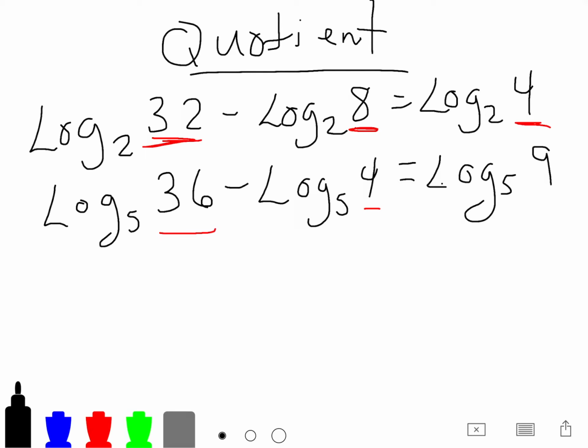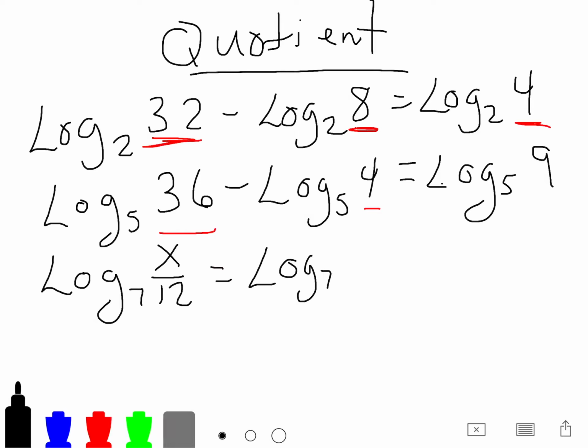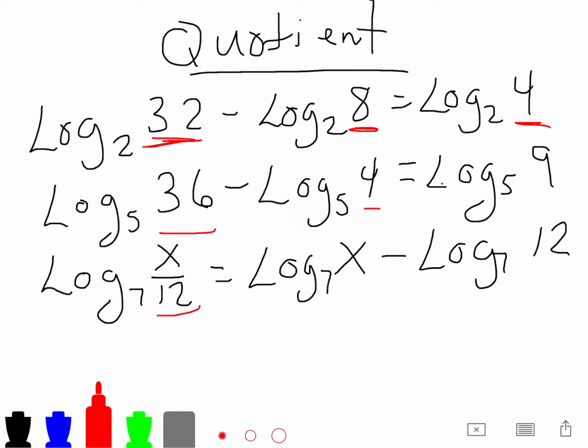Okay? Again, it works the same going backwards. If you already have the division quotient, right, you can separate it. So this would be log base 7 of x minus log base 7 of 12, right? And it's a little bit easier to do when you're already given this nice fraction.